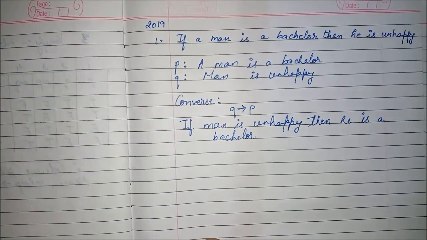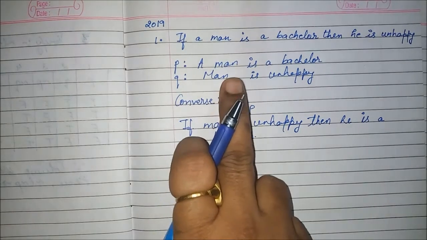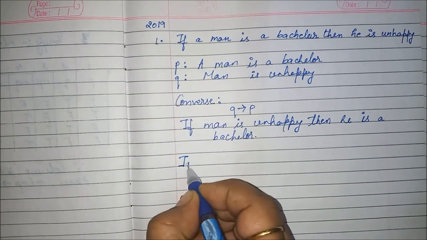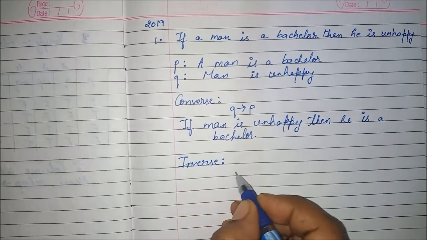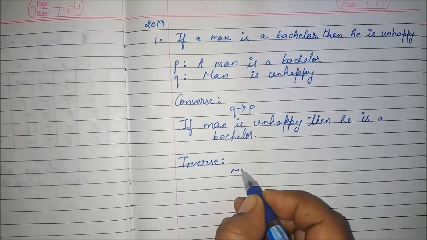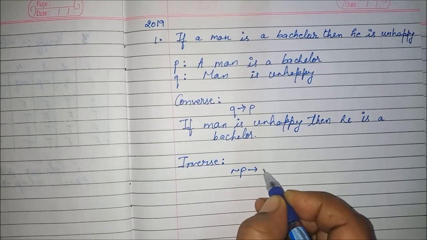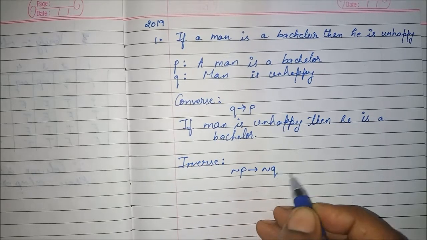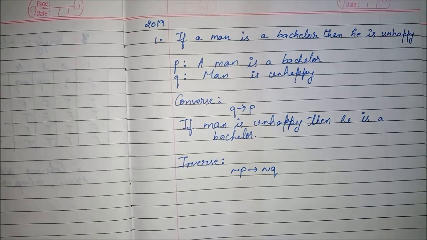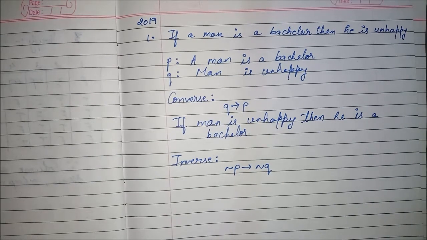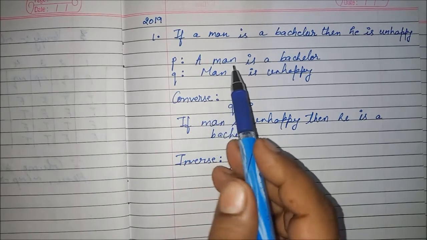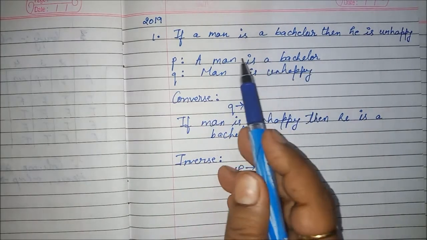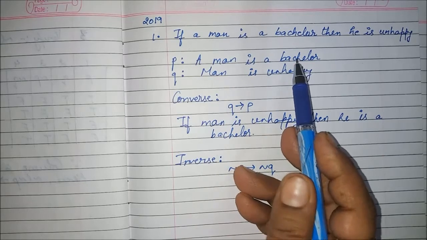Correct? Now we have to write this statement as inverse. What is inverse? In inverse we write not P implies not Q. Okay, this is inverse. So what is not P? P is man is a bachelor, so not P is man is not a bachelor.